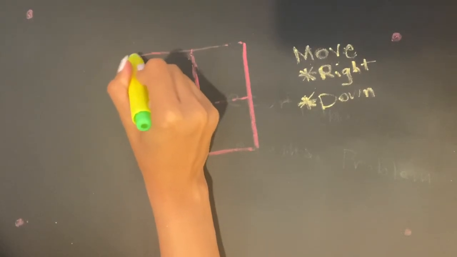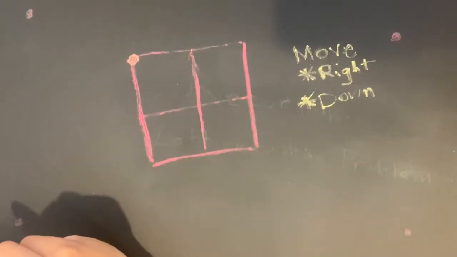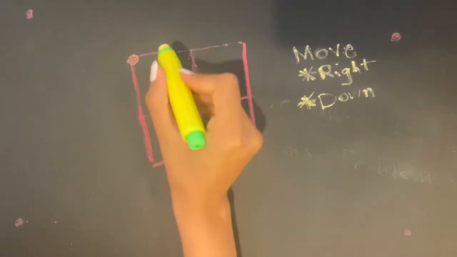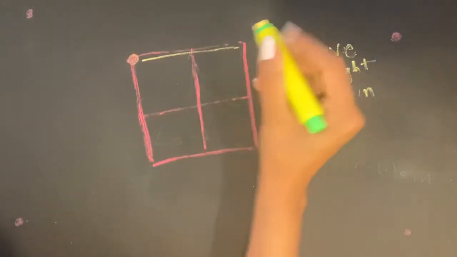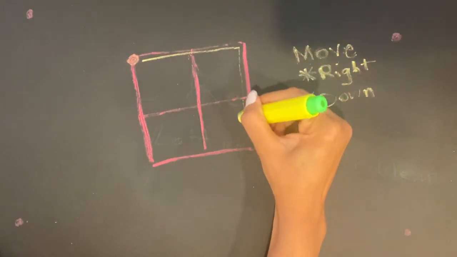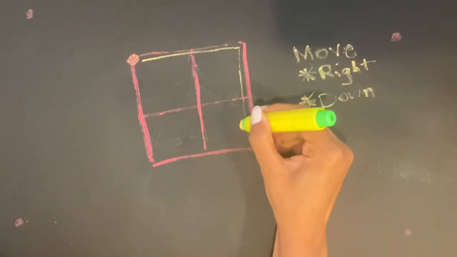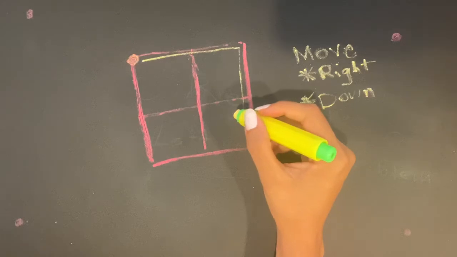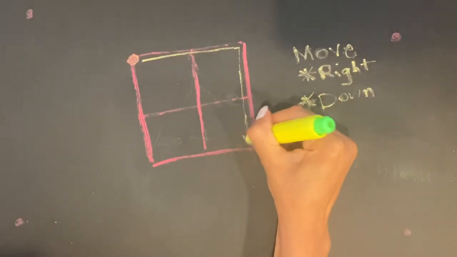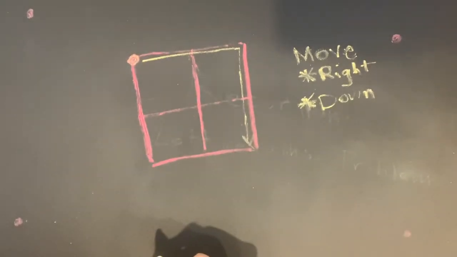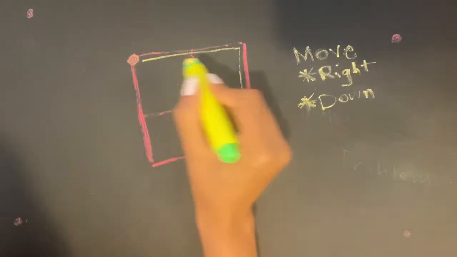So from the top left corner to the bottom right corner, there are exactly 6 routes.